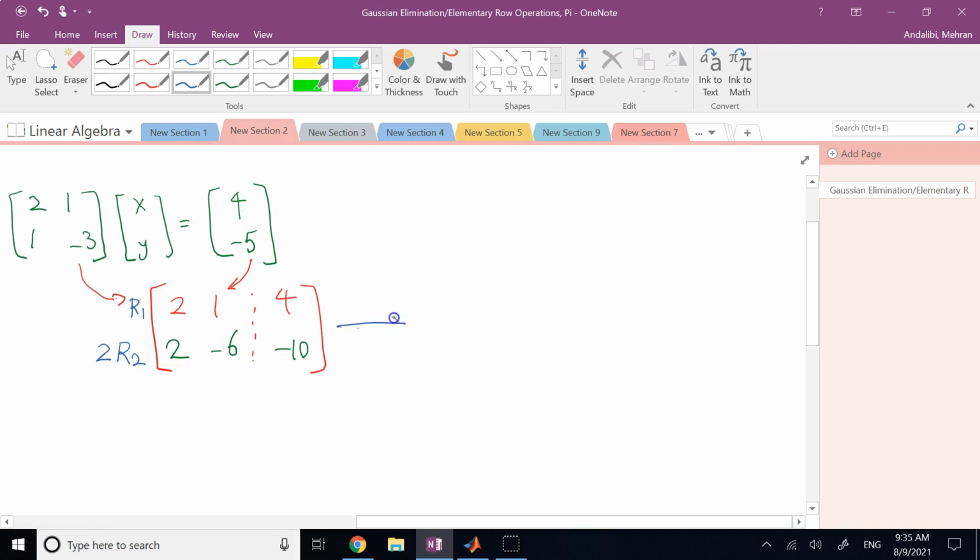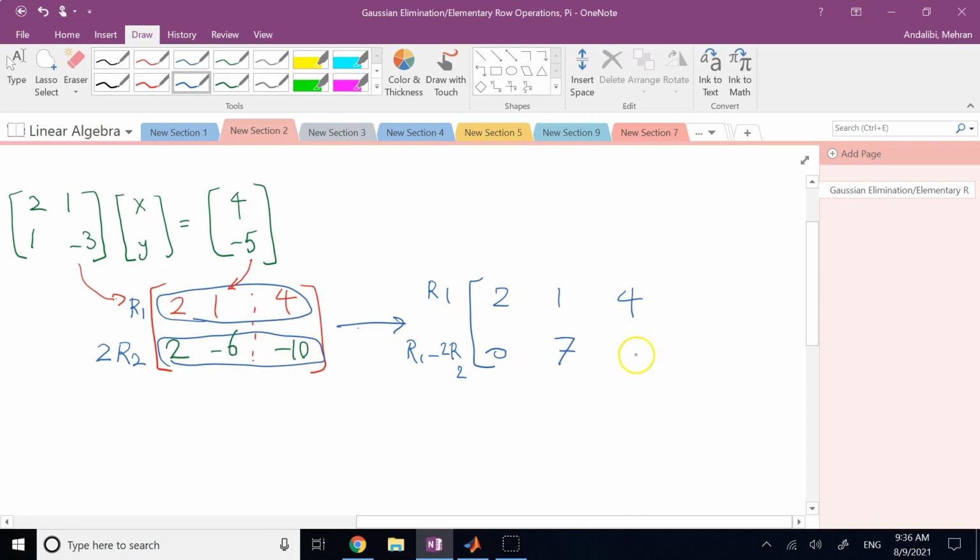This is what we had. Now what I do is I keep the first row, but instead of the second row, I say first row minus twice the second row. So I subtract these two rows of this new matrix, which has the same numbers. So I get 2, 1, and 4, and here 2 minus 2 is 0, negative 6 minus 1 minus minus 6 is 7, and 4 minus minus 10 is 14.